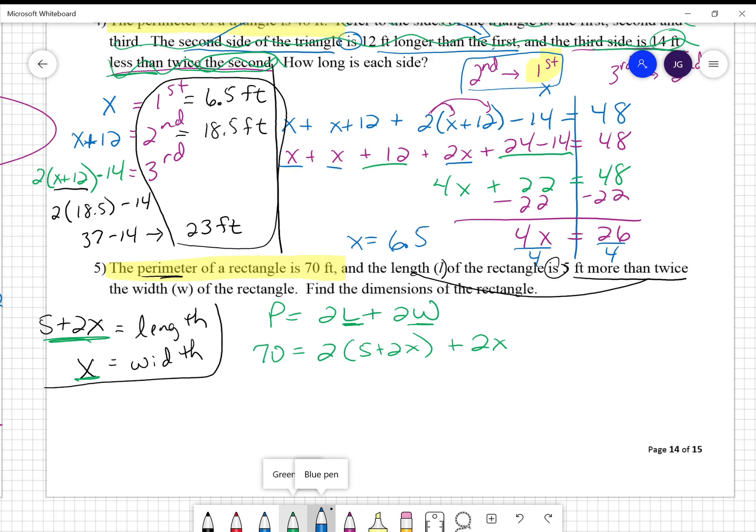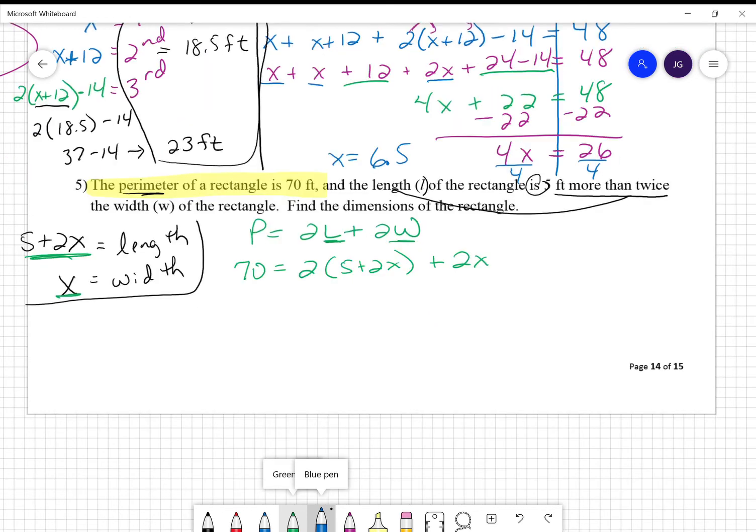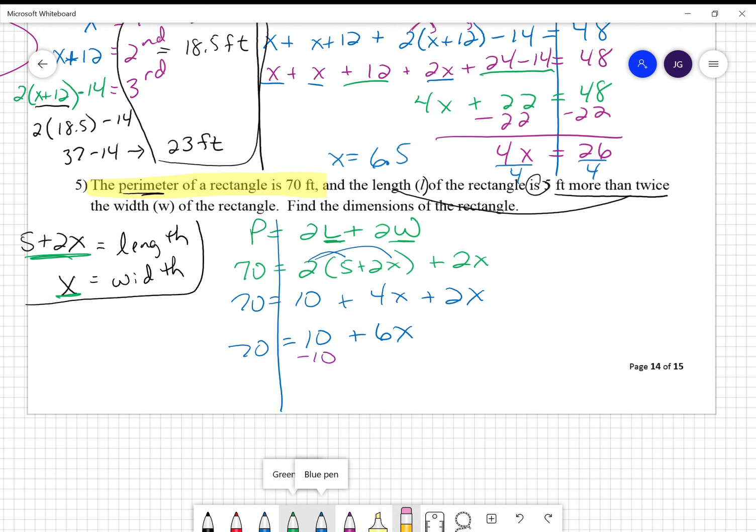To solve the equation, I'm going to distribute. 70 equals 10 plus 4x plus 2x. I'm going to combine my like terms. I will subtract 10. That was supposed to be in a different color. 60 equals 6x.